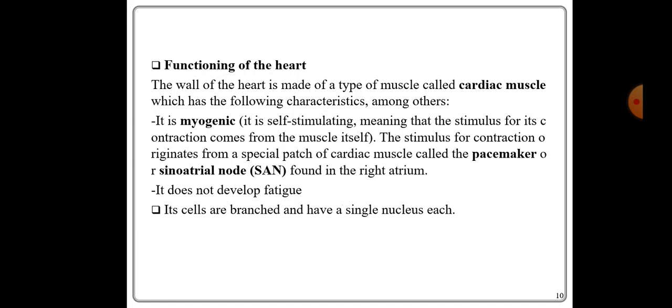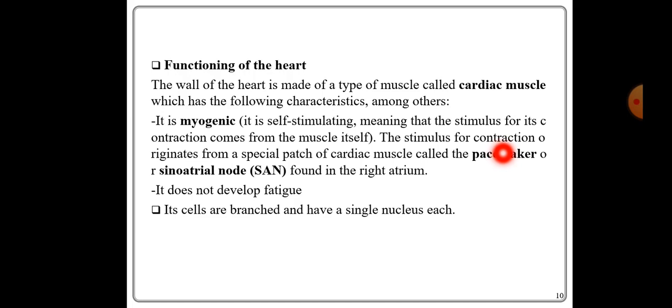So functioning of the heart. The wall of the heart is made of a type of muscle called the cardiac muscle, which has the following characteristics. Among others, it is myogenic, meaning it is self-stimulating. The stimulus for its contraction comes from the muscle itself.